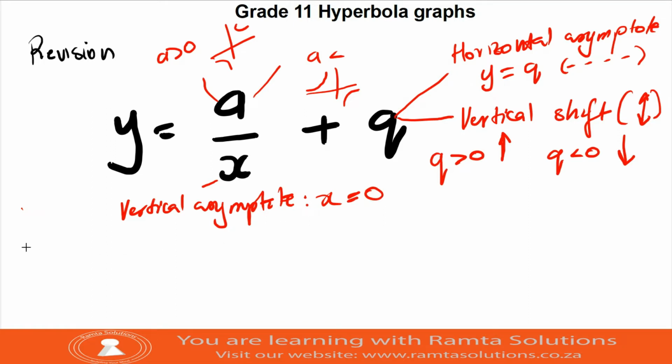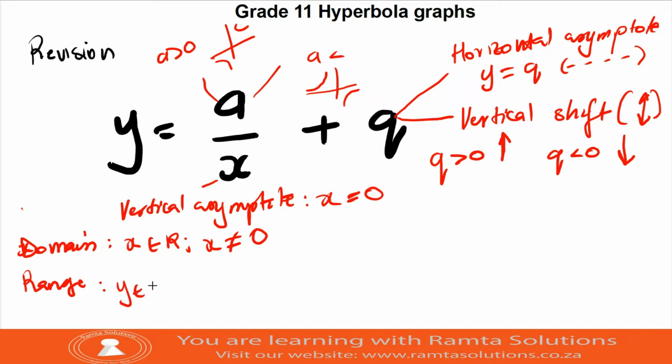Your domain was x is an element of real numbers, but x is not equal to 0. Your range was y is an element of real numbers, but y is not equal to the value of q. Otherwise, you can also write it in this way. Your domain, you can say from negative infinity to 0, union 0, positive infinity.